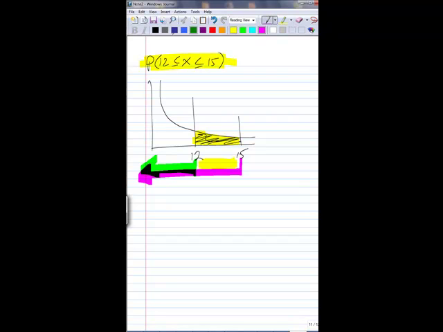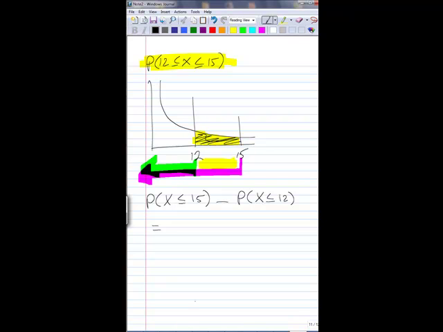So the plan is find the probability that X is less than or equal to 15, subtract from it the probability that X is less than or equal to 12, and that will give me the answer to this problem.